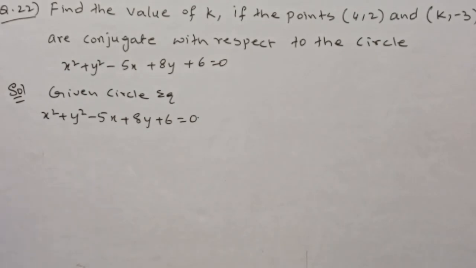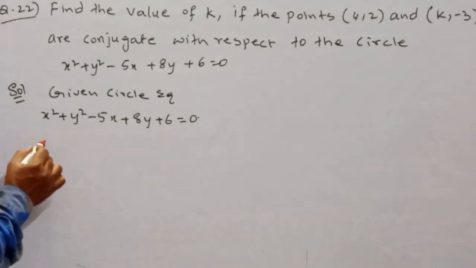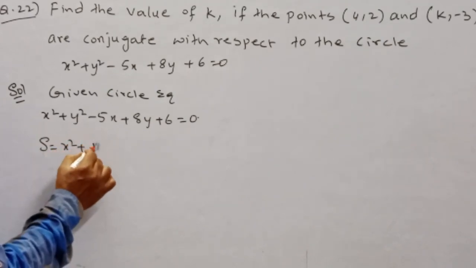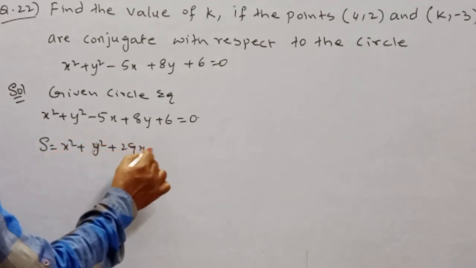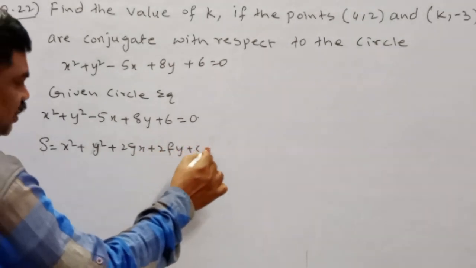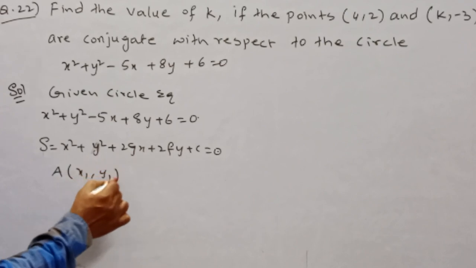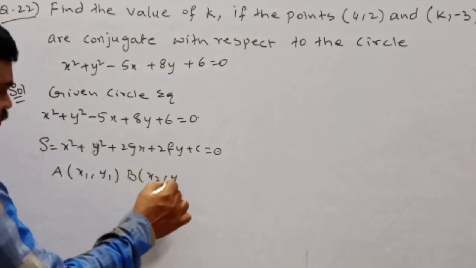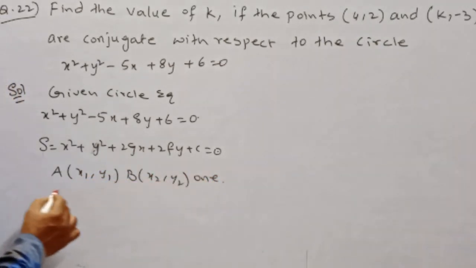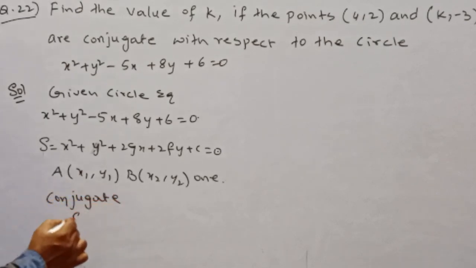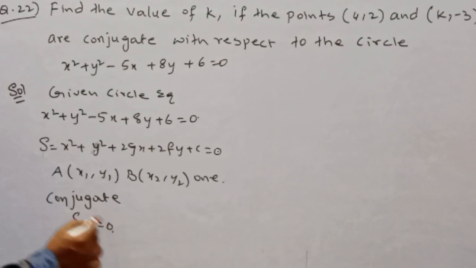Okay, all of you. Here, if S is equal to x square plus y square plus 2gx plus 2fy plus c equal to 0, and points A (x1, y1) and B (x2, y2) are conjugate, then S12 is equal to 0.